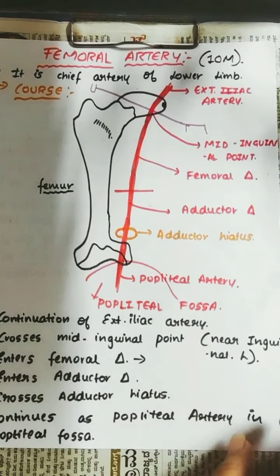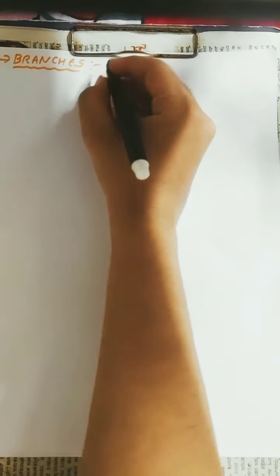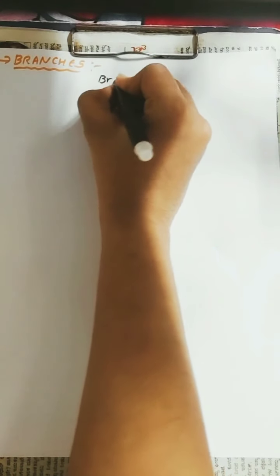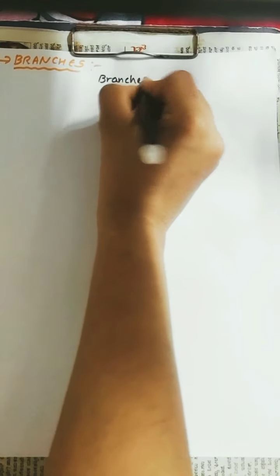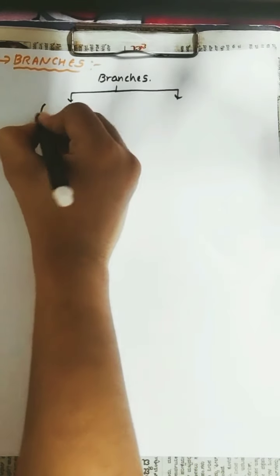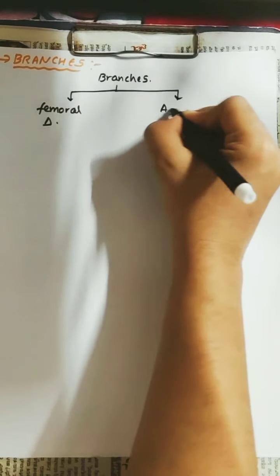We'll see about its branches now. Its branches are mainly divided in the femoral triangle as well as the adductor triangle or the adductor canal.